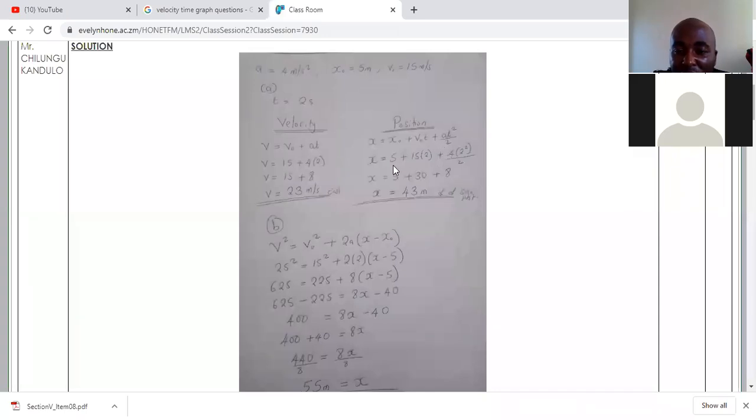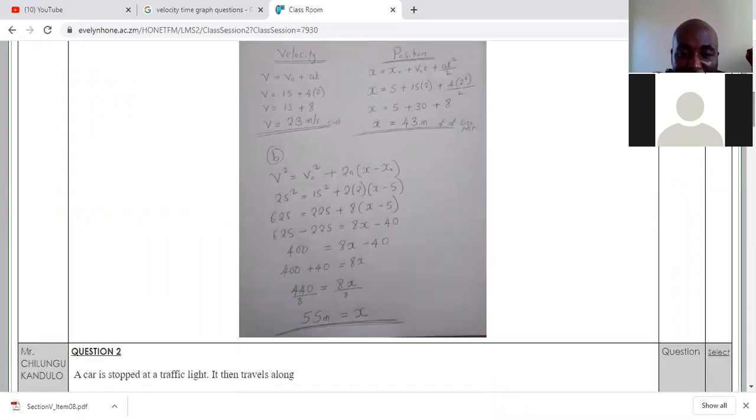So we just substitute: the initial position is 5 plus 15 times 2 plus 4 times 2 squared, all of this over 2. So this is 5 plus 30 plus 8. X equals 43 meters. I'm putting the east of the signpost, but even if you don't put the east, it's very accurate.